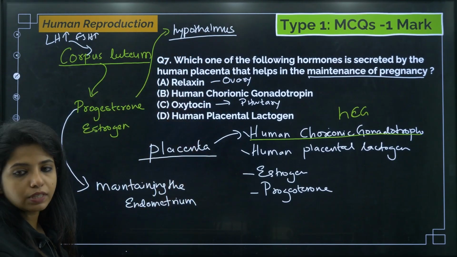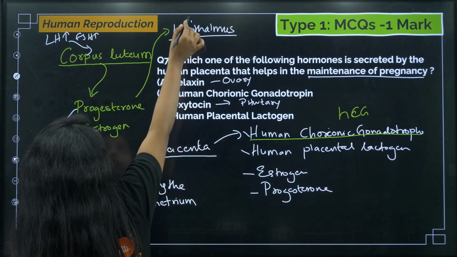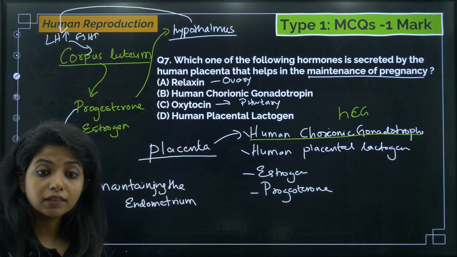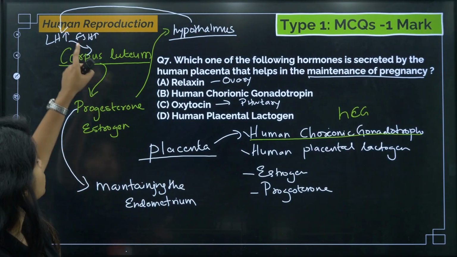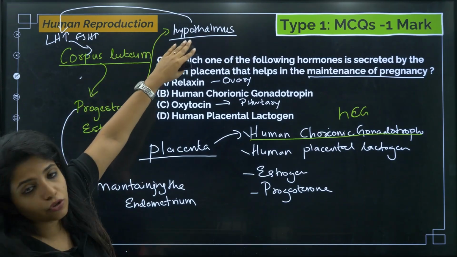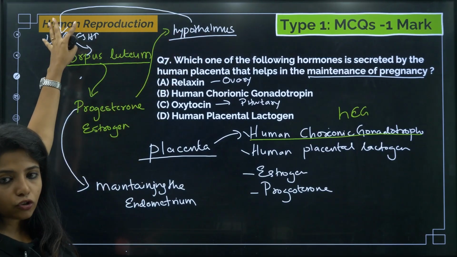We do not want your secretions now. The hypothalamus gives commands to the pituitary, and the pituitary gives rise to both LH and FSH. So when the hypothalamus stops, it tells the pituitary to stop its secretion of LH and FSH.